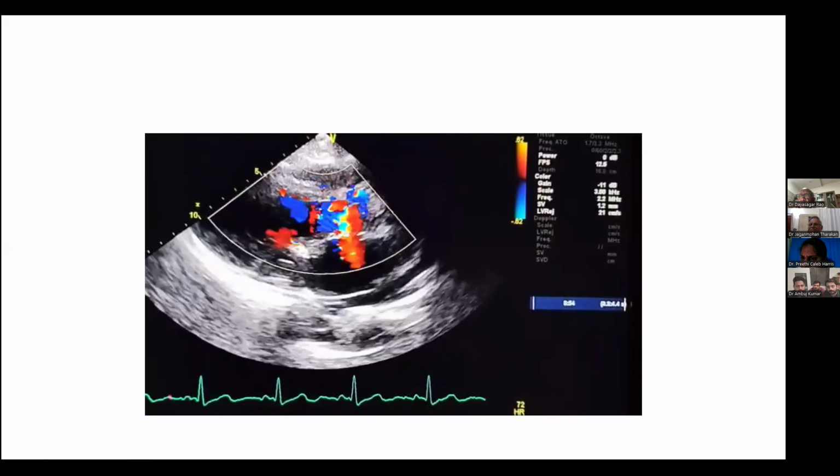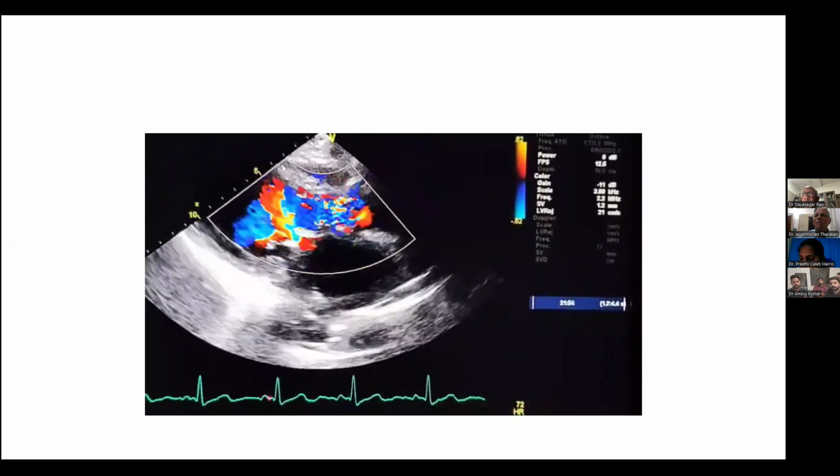Tell us the load independent markers of severity in valvular regurgitation. What you are telling, regurgitant volume and fraction, is load dependent. Vena contracta, sir. So what are the two? There are two markers which are independent of the loading conditions. It is very important for you to know that.